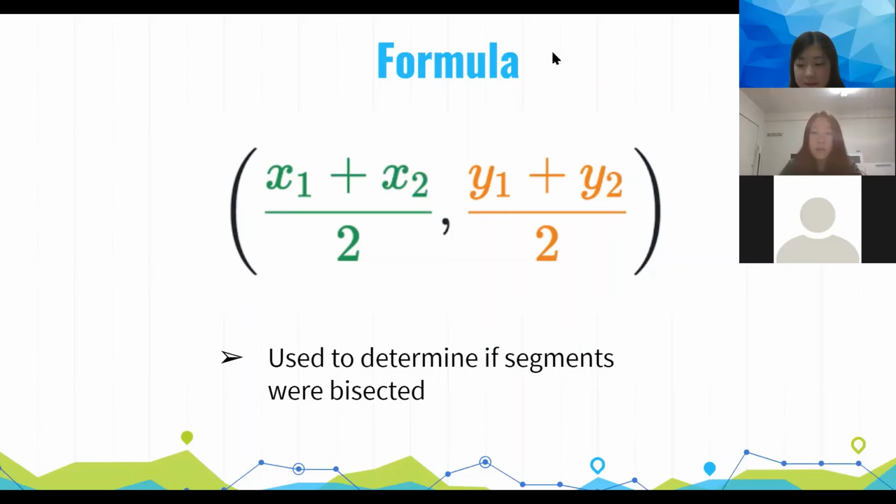Basically, this is a formula to determine the midpoint of a line segment on a coordinate grid. x1 and y1 are the coordinates of one end of a line segment, and you need two ends.